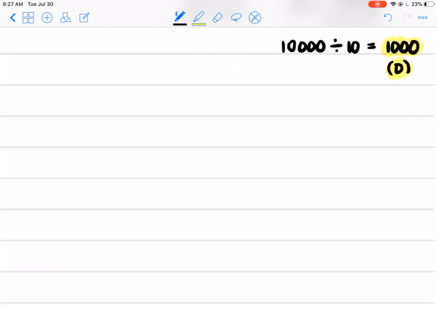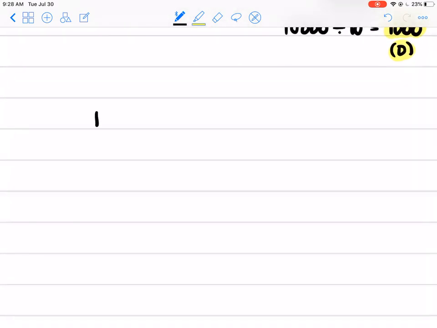Number 17. A 1.2 ounce bar of almond candy contains 230 calories. A 4 ounce bar of almond candy contains about how many more calories than the 1.2 ounce bar?